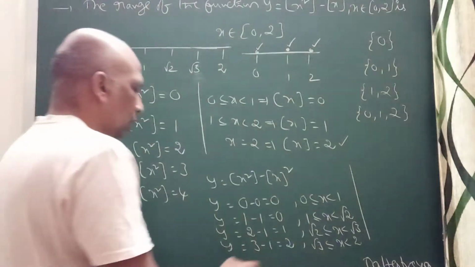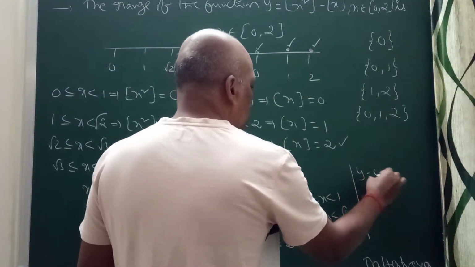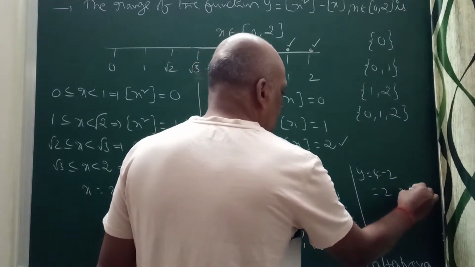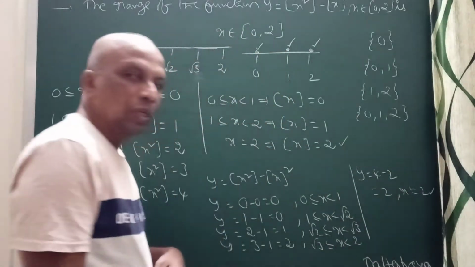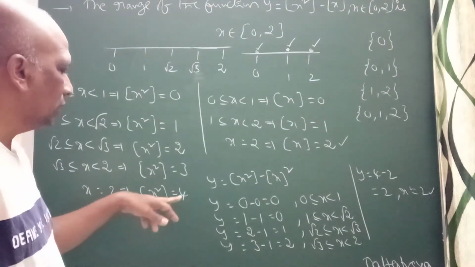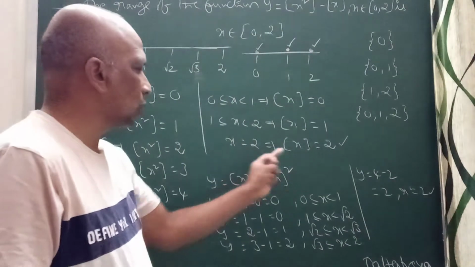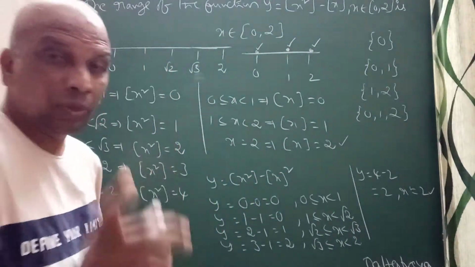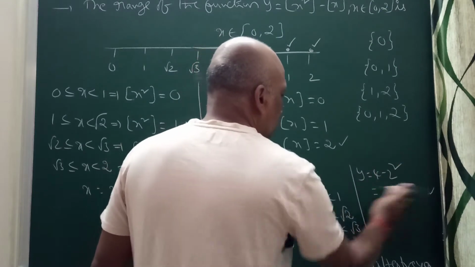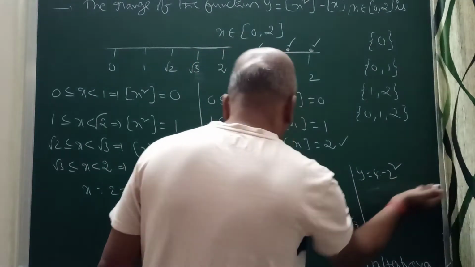So in this case, when x is equal to 2, y is equal to 4 minus 2, it will be 2, right? So finally you can see step of x square is equal to 4, integer 4 only it will come. So in this case 2 it will come. This is 2, step x whole square, right? So 2 square, so this will be 0, right? This also will get 0, right?